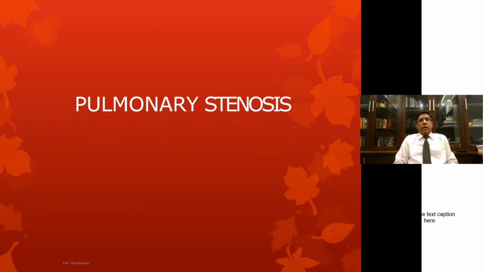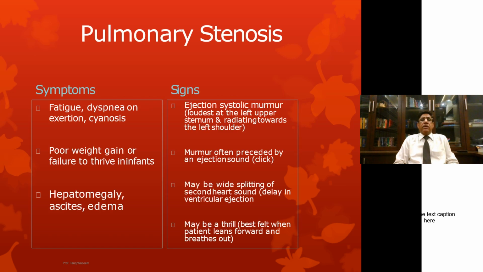As we already mentioned in the beginning, pulmonary stenosis is less commonly seen, and if it is seen, it is usually because of underlying congenital conditions. So the symptoms of pulmonary stenosis would be fatigue and dyspnea on exertion, because less of the blood would be going to the lungs for oxygenation, and the patient may also complain of cyanosis.